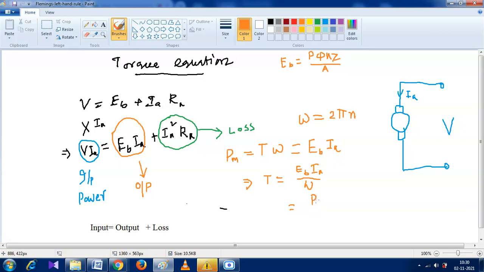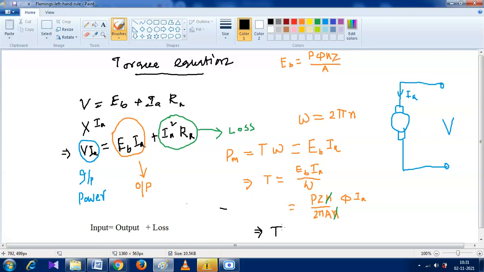T equal to P Z phi N Ia by 2 pi A into N. The N will cancel out, then what will come? What is the final term actually? What do we get?